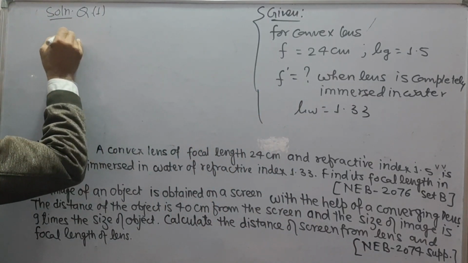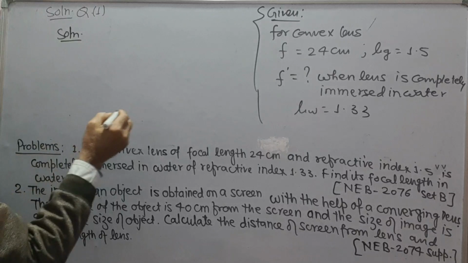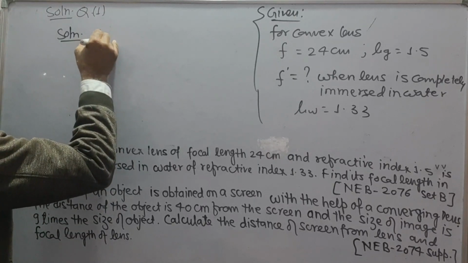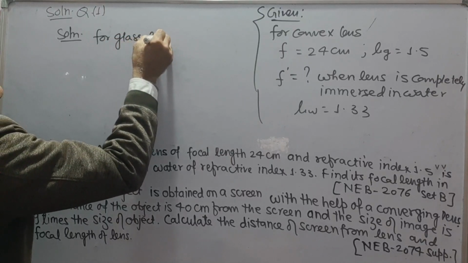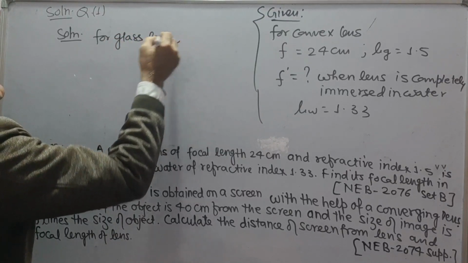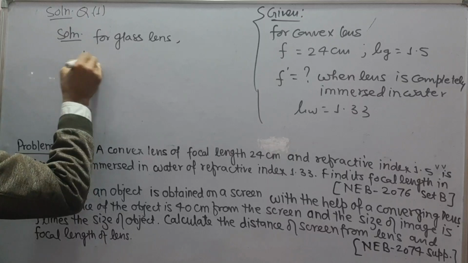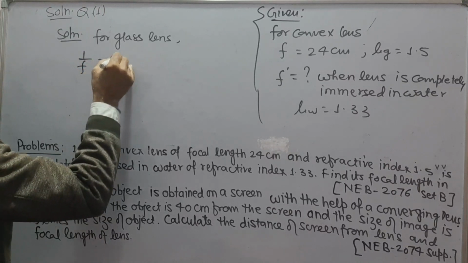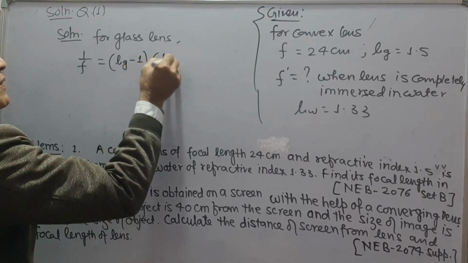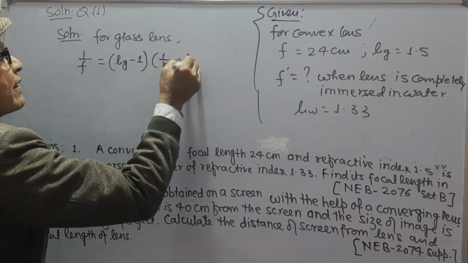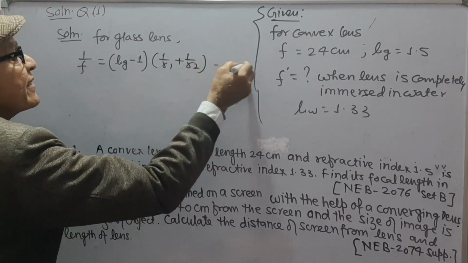Solution. From lens maker formula for glass lens, 1 upon f is equal to (mu glass minus 1) into (1 upon r1 plus 1 upon r2). Suppose this is equation 1.